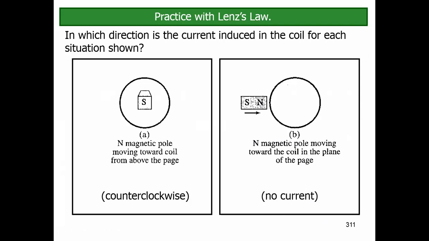Why is it saying no current? Can you try to answer? It is saying no current because there is no change in flux. In the plane of the paper, what is the angle between the area and the field?